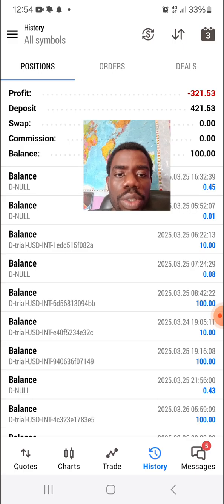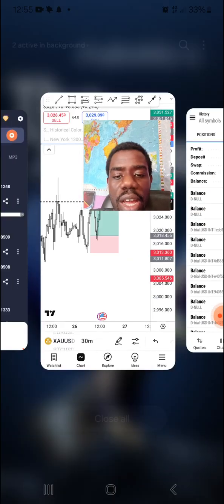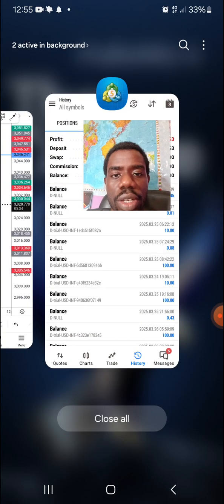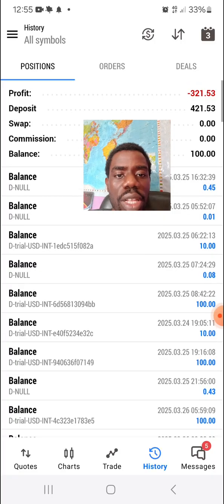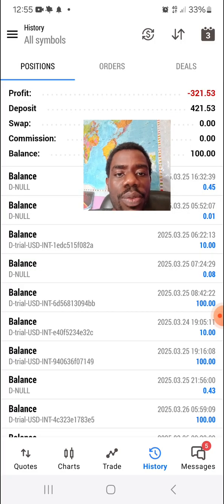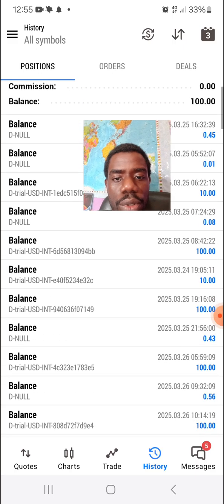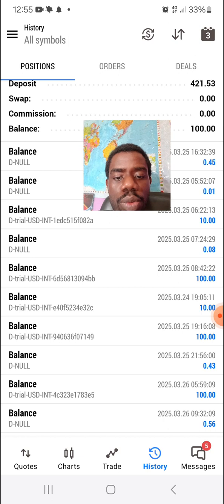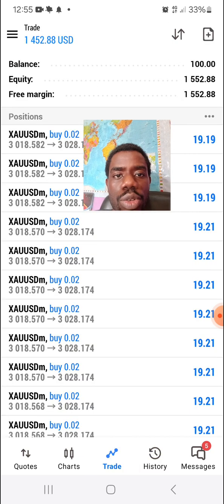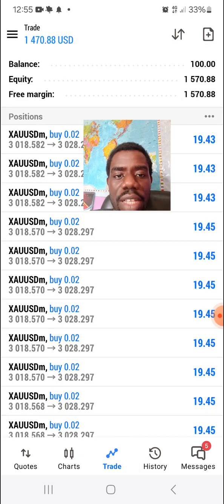The third one was actually BTC and gold, on $400-500. I think I added that somewhere in the screenshot here. Okay, I'll show that later. But this is the fourth one. Can you see the fourth balance, the fourth demo funding?